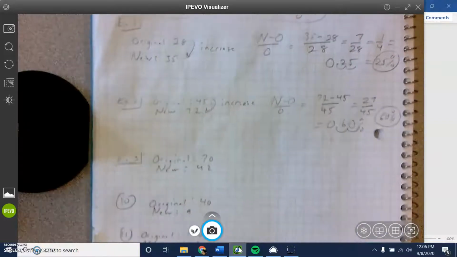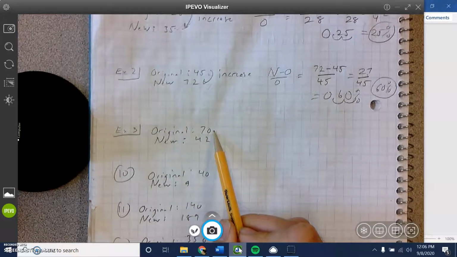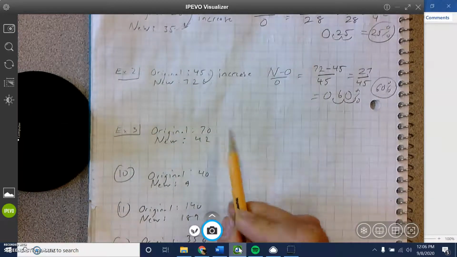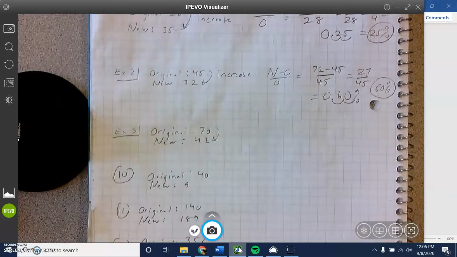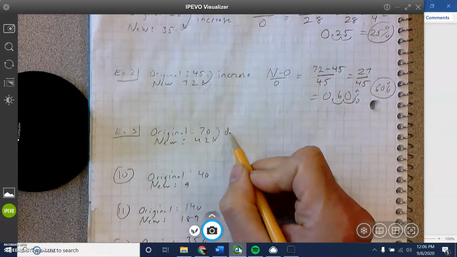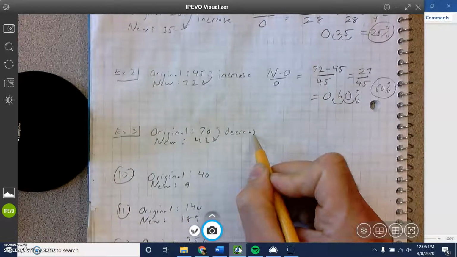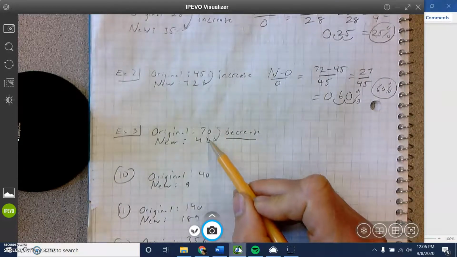All right, one more. Here we go. Example 3. Write it down in your notes. Original is 70, new is 42. Okay. So does this look like an increase or a decrease? That is a decrease. Why? Because you're going down from the original to the new.